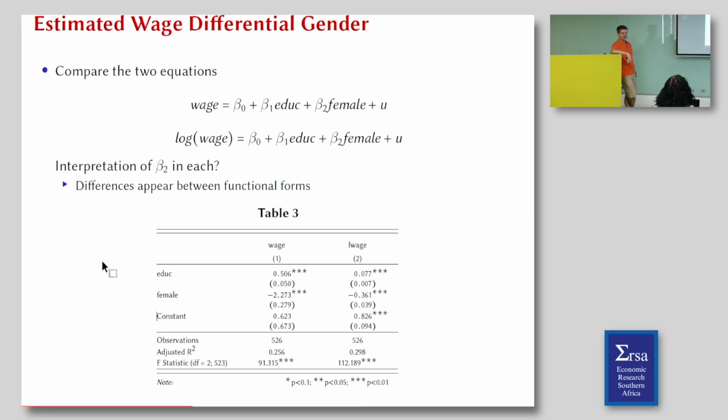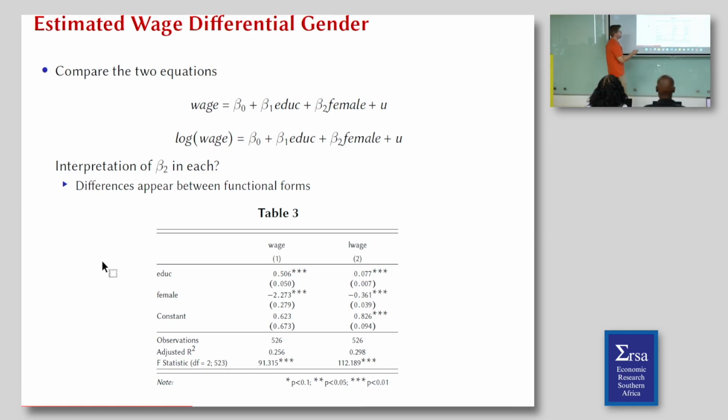Whether this is high or low depends on a lot of things, but also on how many things we can observe that should be determining wages but we've left out of the model, which then end up in the error term.